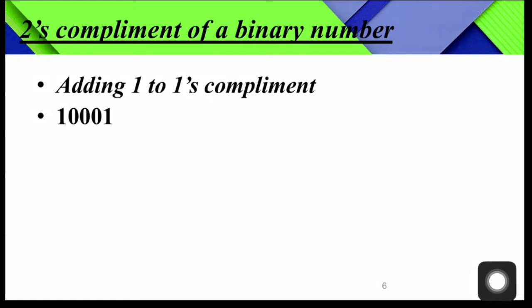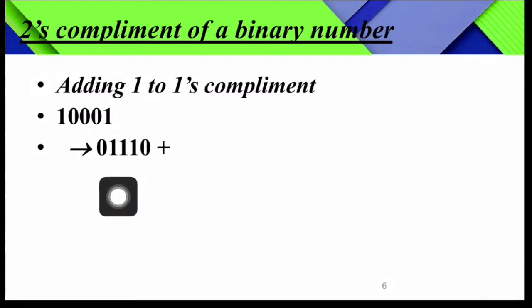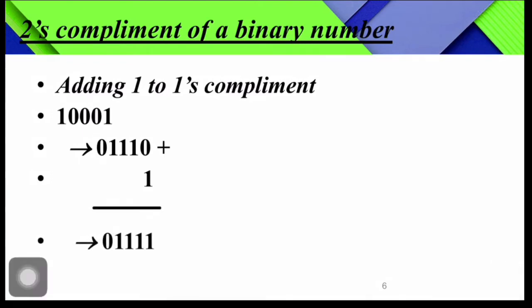As I said earlier, first we have to obtain its 1's complement by replacing all 1's with zeros and all zeros with 1. Correspondingly, we get the 1's complement as 0, 1, 1, 1, 0. Then we add 1 to it. Here, the addition is to be performed based on the basic laws of binary addition. Correspondingly, we get 0, 1, 1, 1, 1.